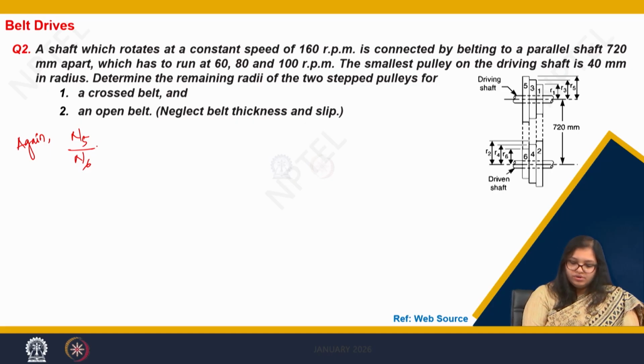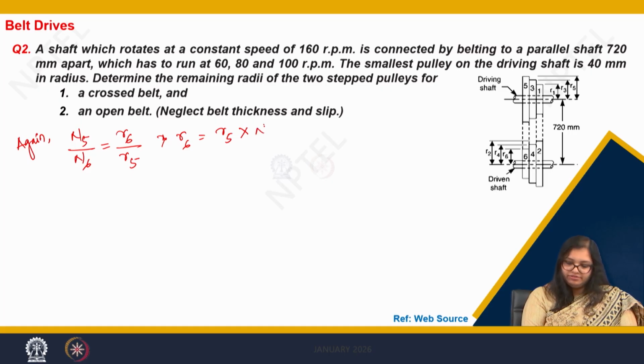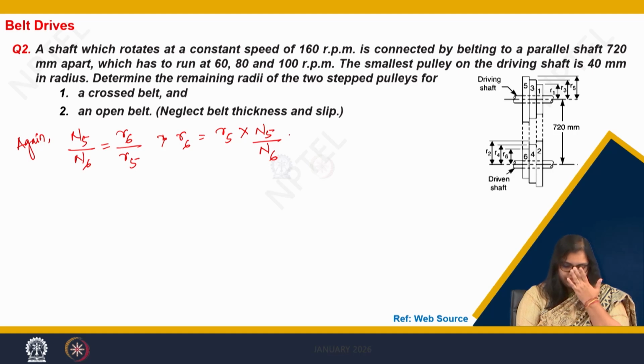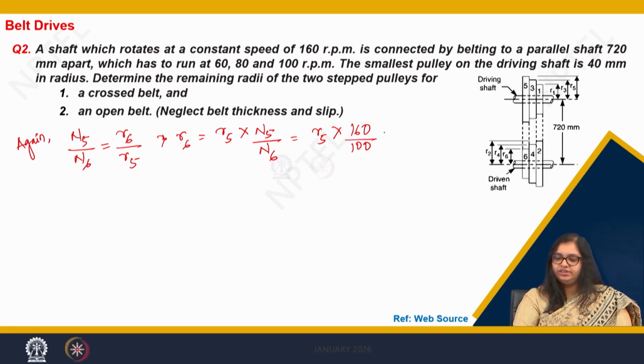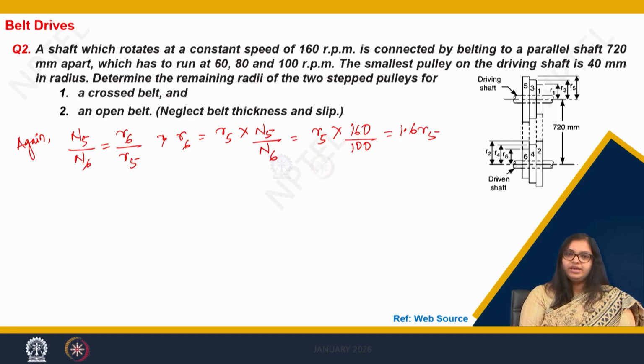So R6 by R5 gives me R6 is equal to R5 multiplied with N5 by N6, which is equal to R5 multiplied with 160 by 100, which is equal to 1.6 R5. So my R6 is 1.6 times R5.